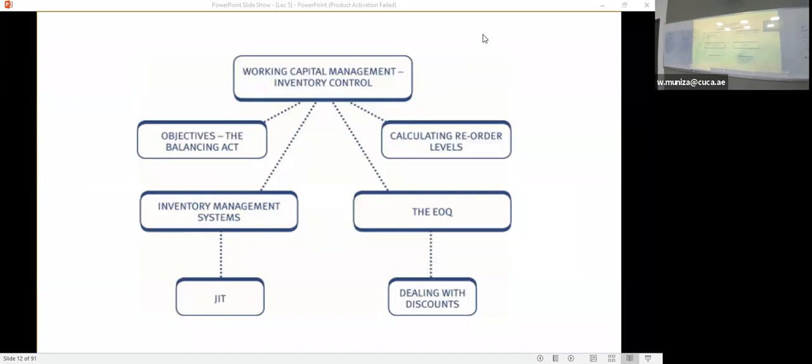Under working capital management, we need to learn how we must balance our inventory as well. When the company tries to invest more in the inventory, what happens then? The company is overtrading. But on the other hand, when the company is not investing in inventory, the company is trying to be liquid, but it means that the company may have some problems also.